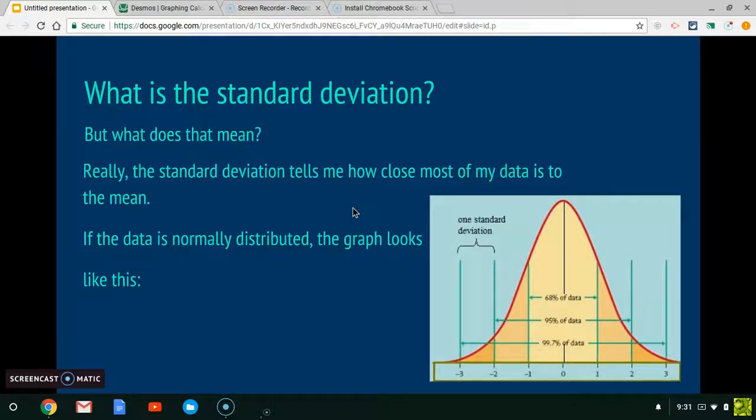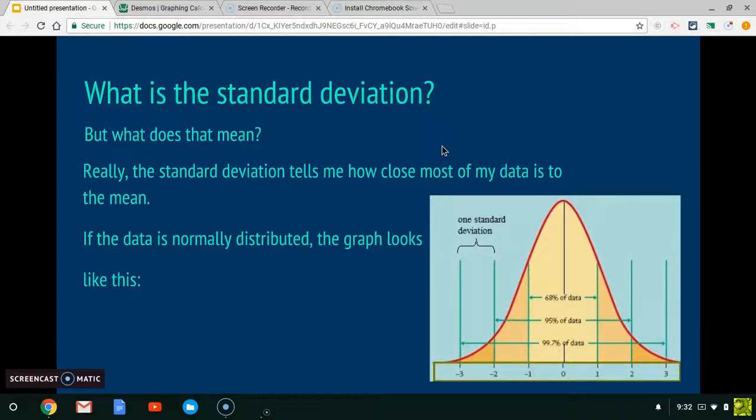If our data is symmetric or normally distributed, it looks like this. Technically speaking, the standard deviation tells you how far away 68% of your data is from the mean. If I add the standard deviation to the average and subtract it from the average, 68% of my data would fall in that area.